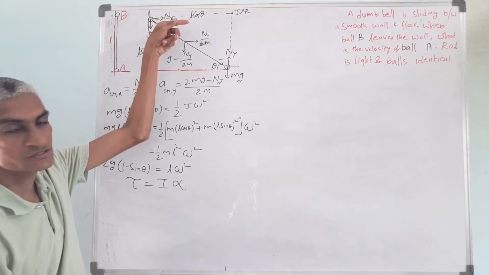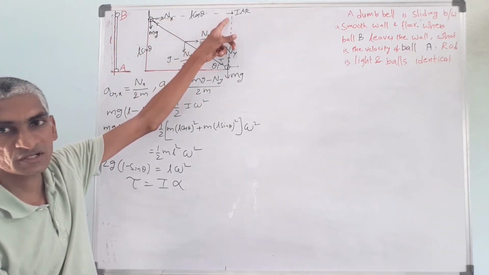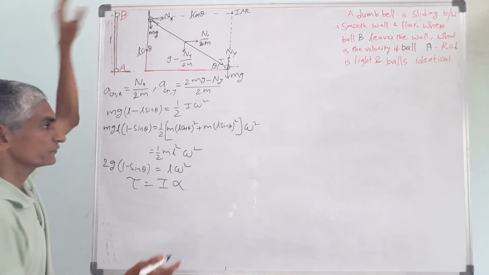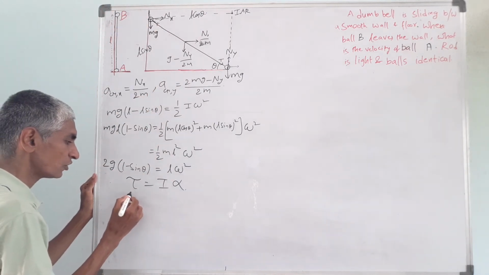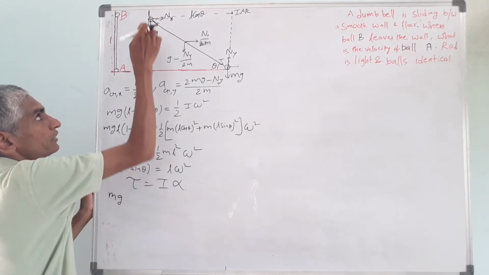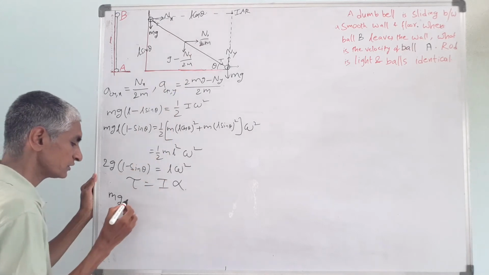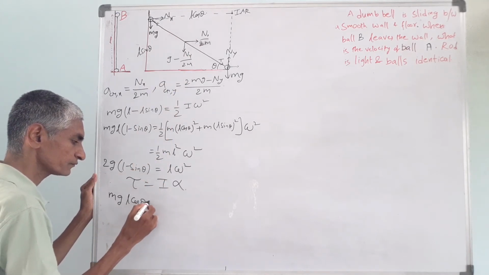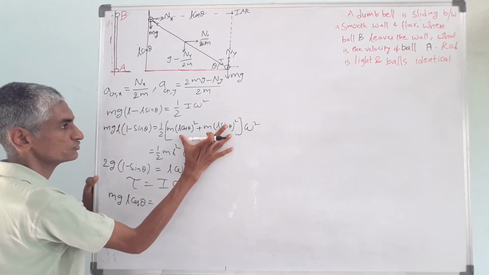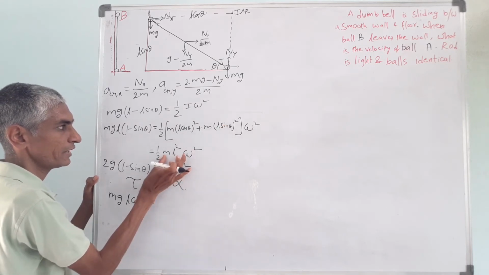For Nx, torque is 0 because it is passing through the axis. Only for the weight of this particle I have to write the torque. So for this, torque I am writing force mg, perpendicular distance is L cos theta, is equal to the I value, already we have seen this value, that is mL square.